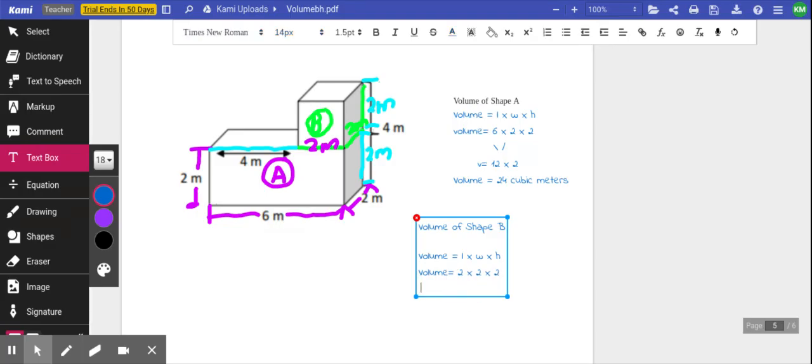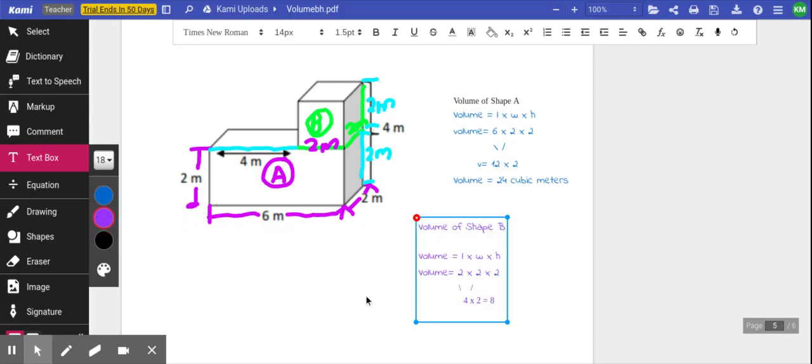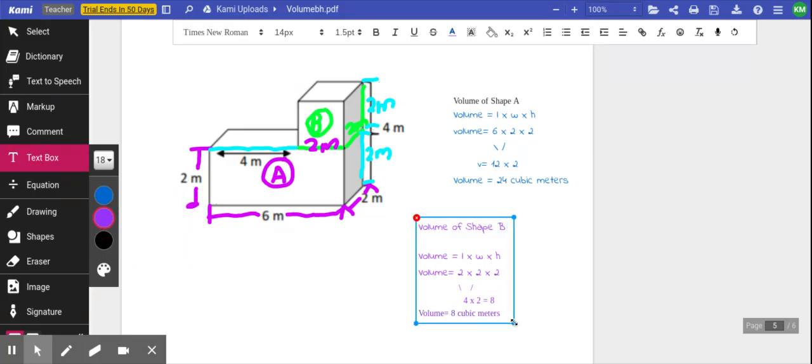Let's go ahead and do our multiplication. 2 times 2, we know is 4. And then 4 times 2, we know equals 8. So the volume of shape B is 8 cubic meters. So we can see here our volume is 8 cubic meters.